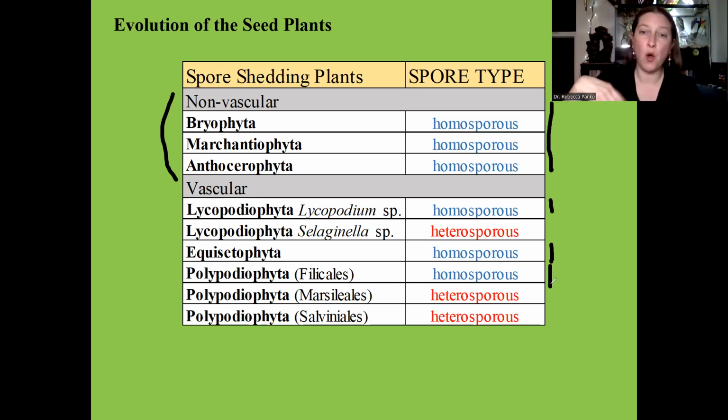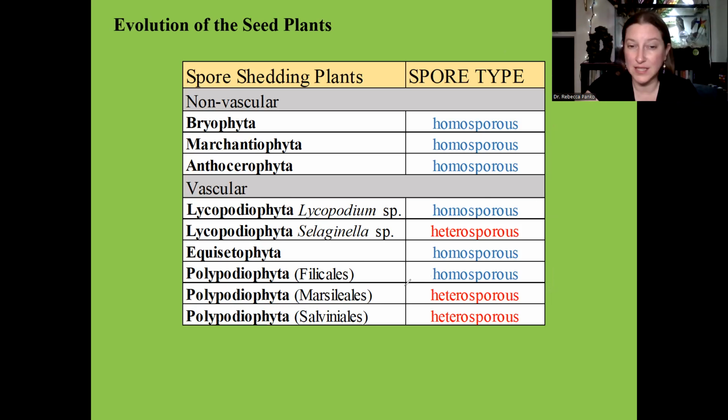So we still see some homosporous sporophyte plants, but with Selaginella, we see a big change in that now sporophyte plants are going to shed two different types of spores, right? They're going to be heterosporous sporophyte plants. And we saw that also in the aquatic ferns, right? Remember Marsileales and Salviniales?